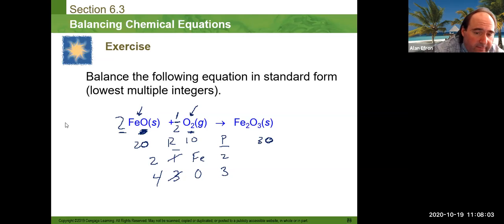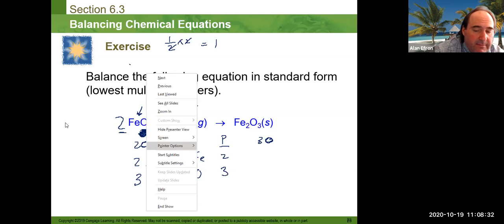If I do 1 over 2 times 2, that equals 1, which means now if I look at my equation, I still have 2 iron. I also now have 2 oxygens in the first guy. 1/2 times 2 in the second guy gives me 1 more for a grand total of 3. So at this point, technically speaking, this equation is balanced.